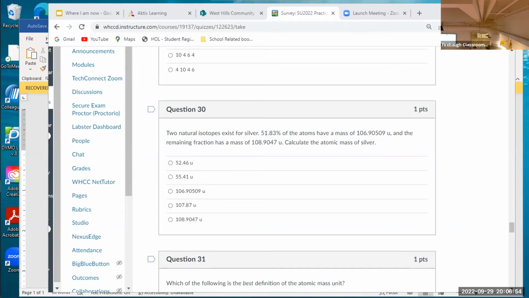Okay, now we know that this is multiplication. How many sig figs should I have? 4. I should have 4. Somebody do the math for me and give me 4 sig figs.